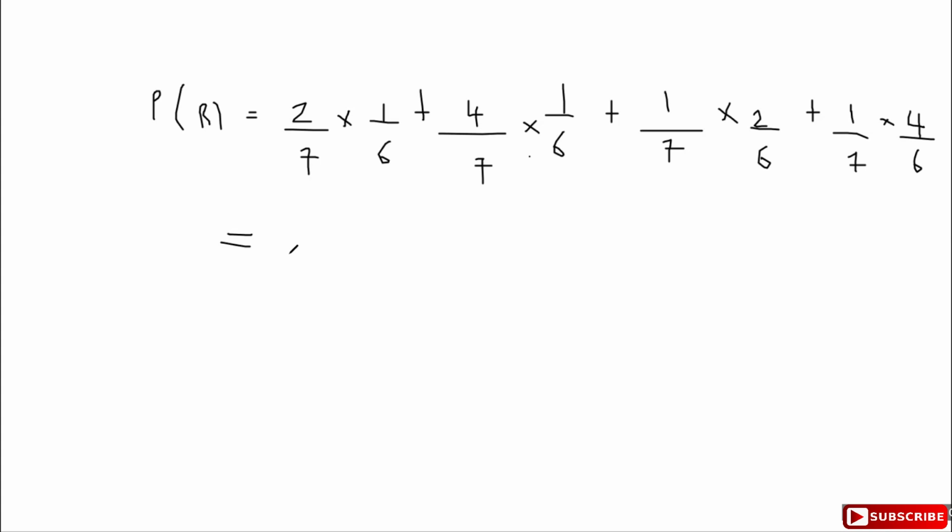So you just put all of that in your calculator. 2 over 7 times 1 over 6 plus 4 over 7 times 1 over 6 plus 1 over 7 times 2 over 6 plus 1 over 7 times 4 over 6. So the probability of getting a red is 2 over 7. At least one red, there's a good chance of getting a red. Easy, soft.